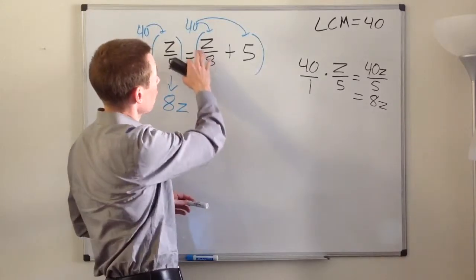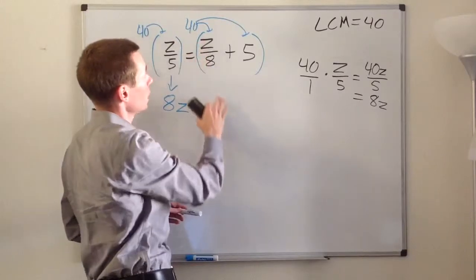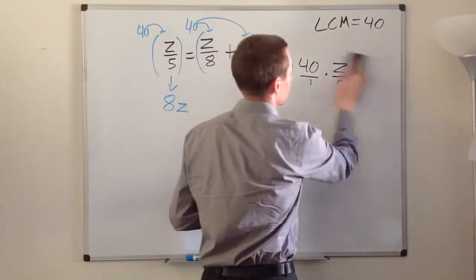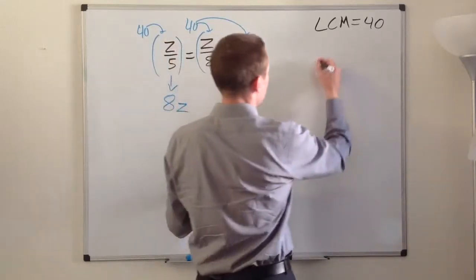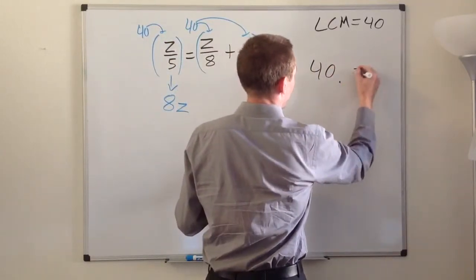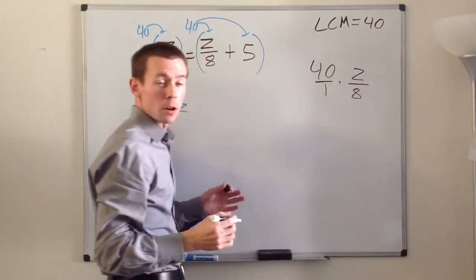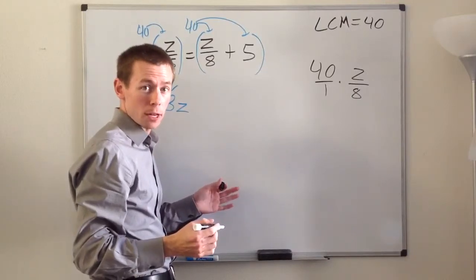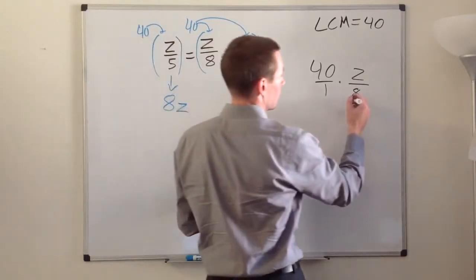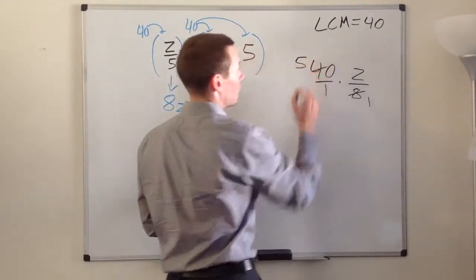I'm going to cross-cancel here to look at the shortcut way to do it for the 40 times z over 8. So for 40 times z over 8, look diagonally to see what's going to go into 8 and 40. The largest number is 8. 8 goes into 8 once. 8 goes into 40 5 times.